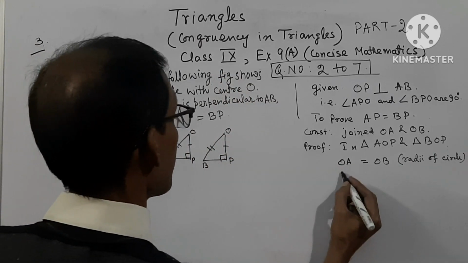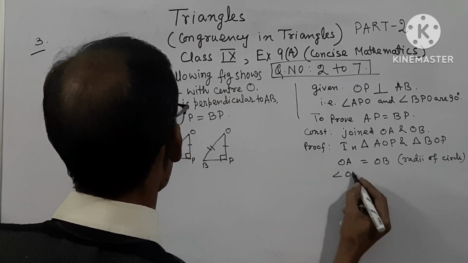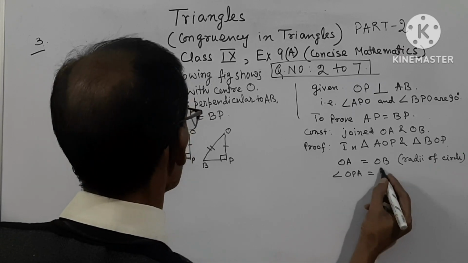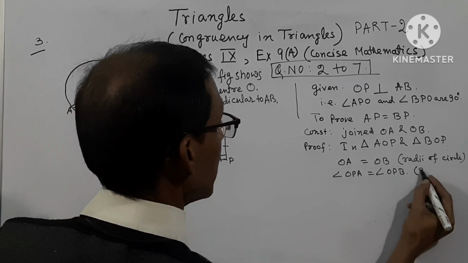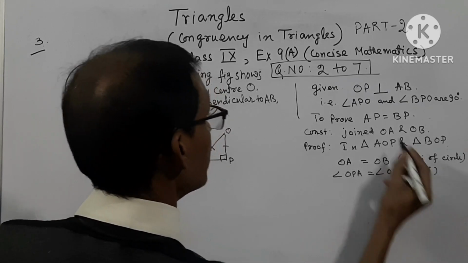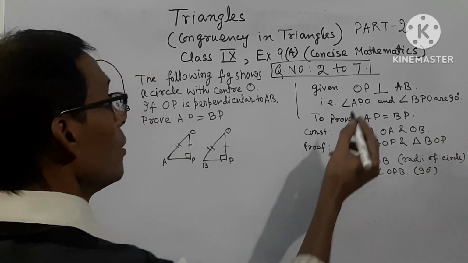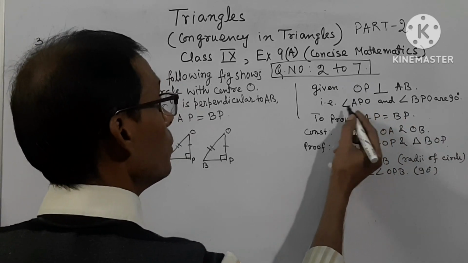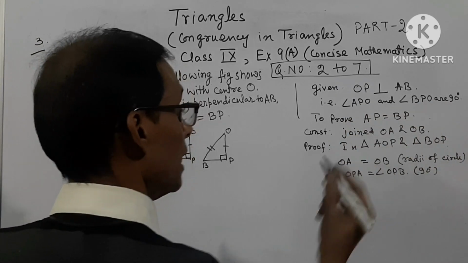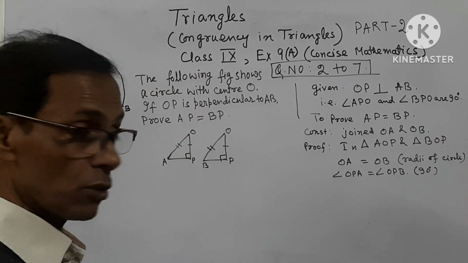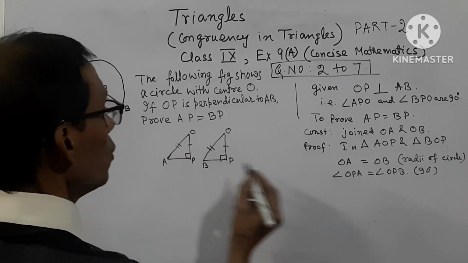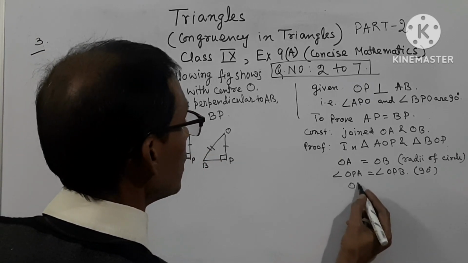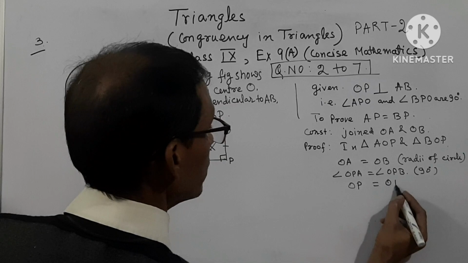and angle OPA equal to angle OPB equal to 90 degree. It is given. APO or OPA, OPB are 90 degree because OP is perpendicular on AB. And OP equal to OP.